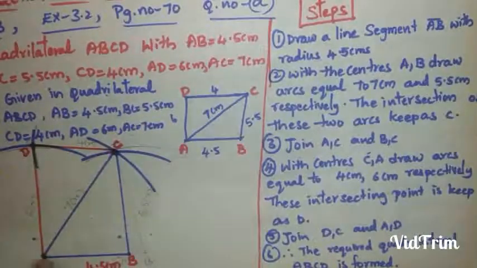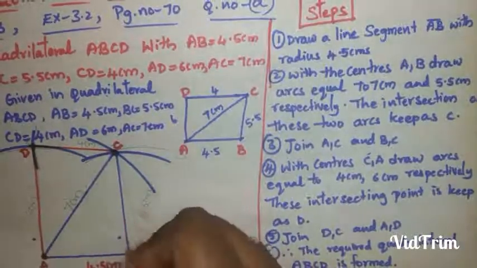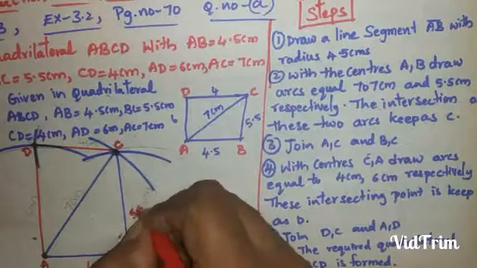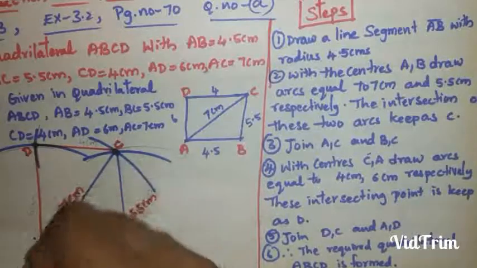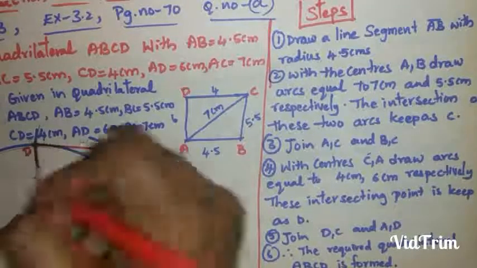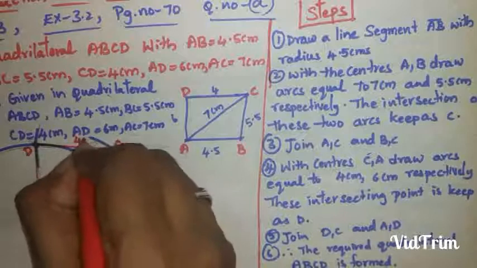Children, let us write the centimeters. B to C, 5.5 centimeters. A to C, 7 centimeters. A to D, 6 centimeters. C to D, 4 centimeters.